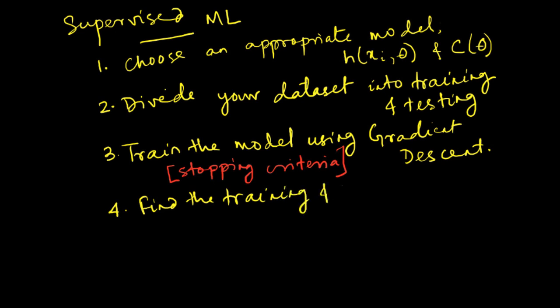Fourth point, of course, is to find the training and testing accuracy. So training accuracy again here need not be 100%, and usually it is not. Even though you have learned your parameters theta using the training data, when you actually apply your learned model to the training data, you will be surprised that the accuracy is not 100% because your training data has errors.